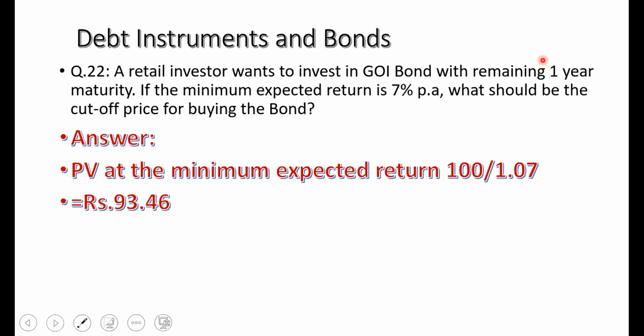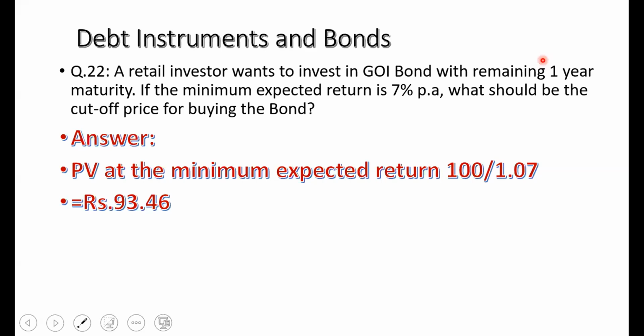You are investing today 1,000 rupees at 6%, how much will you get at the end of 5 years? That formula is Pn is equal to P into 1 plus R to the power n. Supposing my next question is, I have to get 1,000 rupees after 5 years. How much should I invest today? My rate of return is 6%.